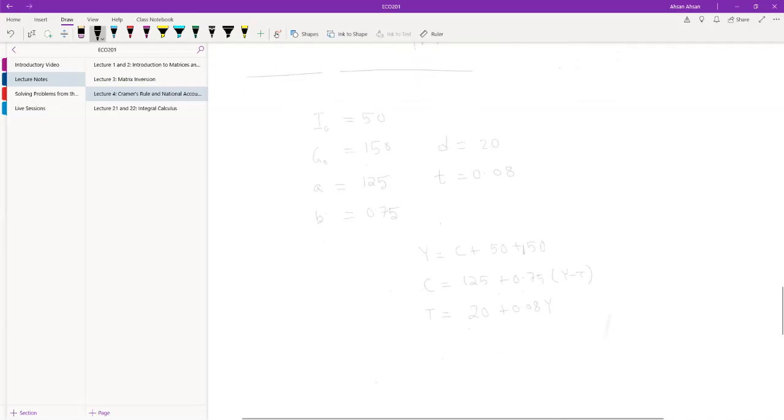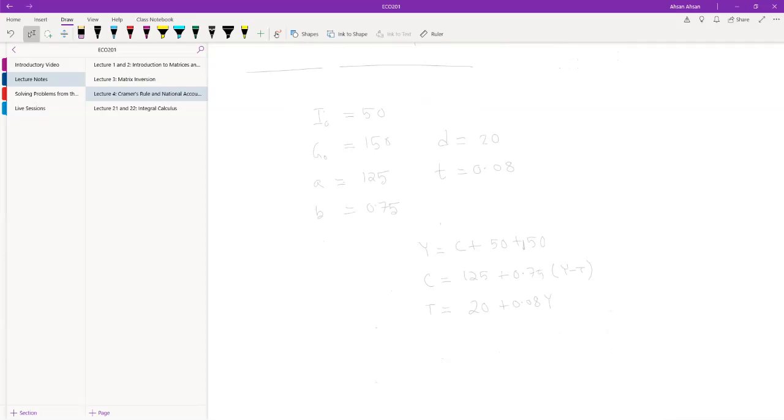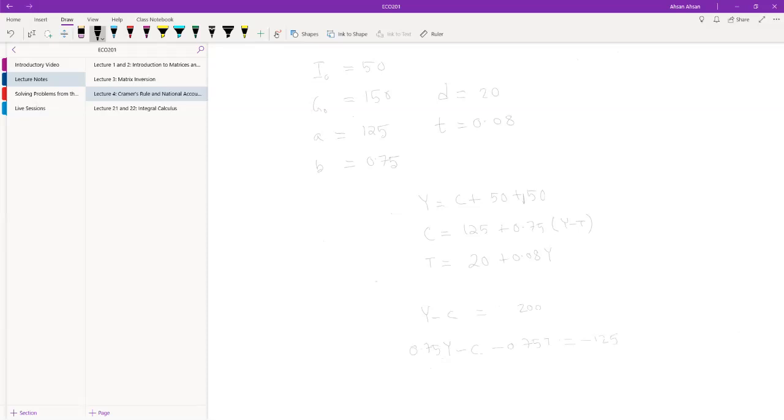As always, what we are going to do is take all the endogenous variables on the left side and keep everything else on the right side. So the first equation becomes Y minus C is equal to 200. The second equation will be 0.75Y minus C minus 0.75T equals minus 125.